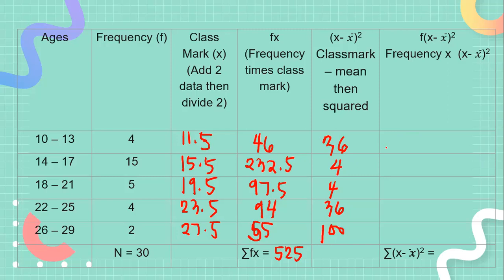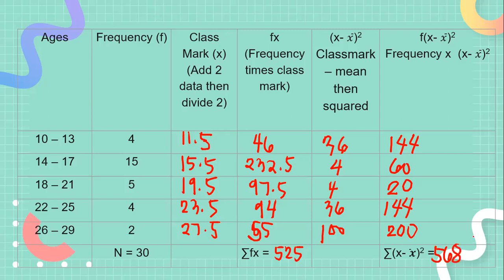It's 144. Then here, 4 times 15, it's 60. Then 4 times 5, then 144, and 200. Okay. Then our summation of f quantity x minus mean squared is how much, class? Very good. It's 568.